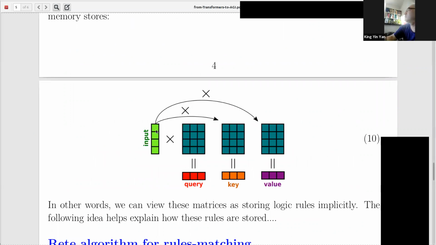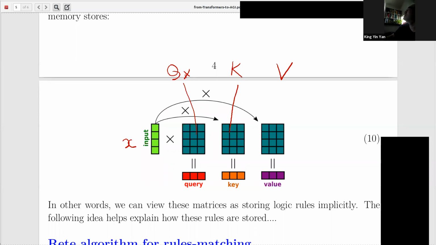It's the matrix, and this is the input X, and then the matrices, usually written Q, K and V. These are three matrices, Q, K, and V. If you multiply X by this matrix, you get the query, and this is the key.